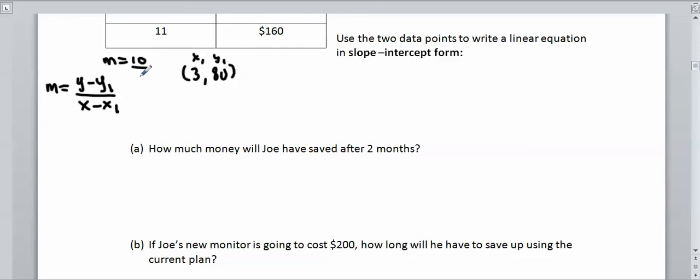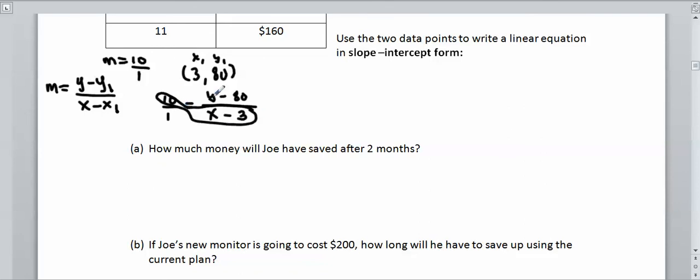Well, my slope is 10, and remember the denominator in this case is over 1. So I've got 10 over 1. I don't have a y or an x, so those two things are going to stay the same, right? I'm trying to write an equation, so I don't want 2 points, I just want 1. So I'm going to do y minus y1, which is 80, over x minus x1, which is 3, and cross multiply.